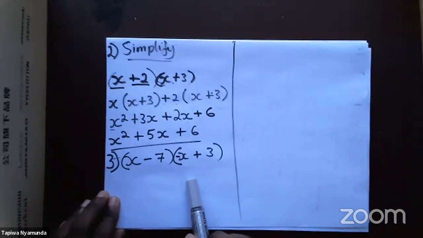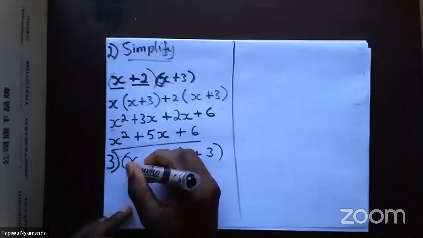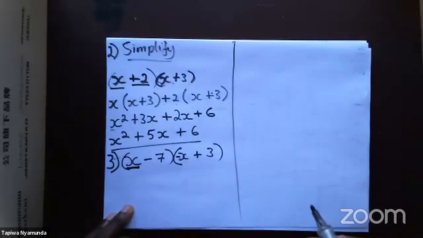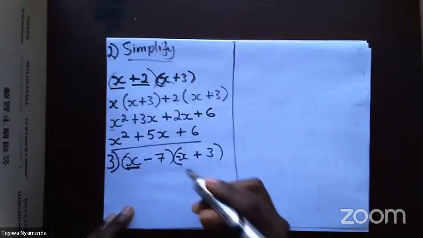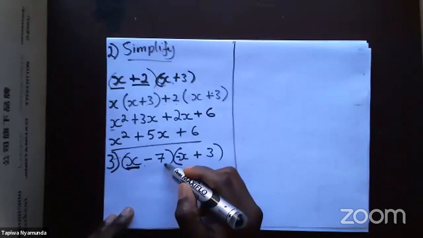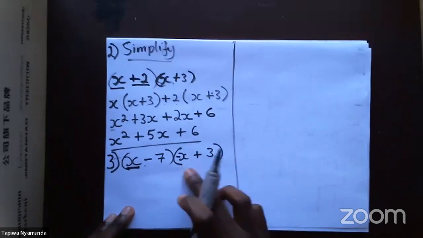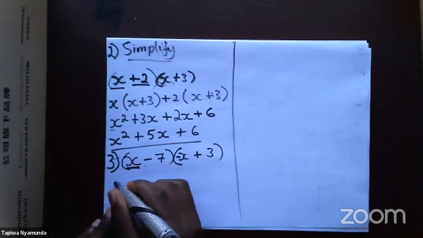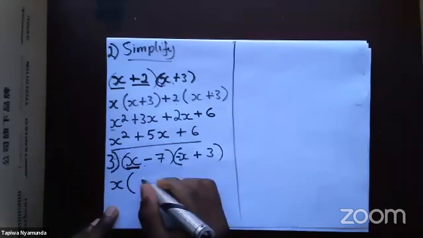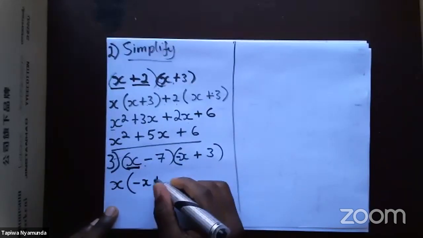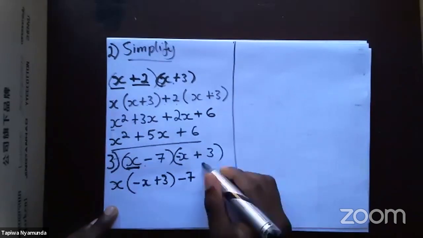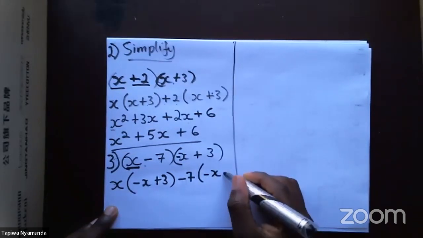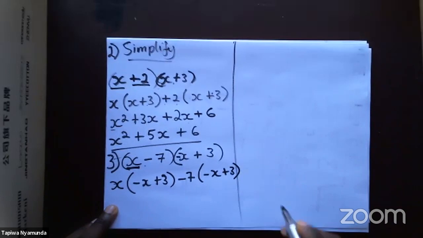We multiply x in the whole of this bracket. Then we multiply negative 7 in the whole of this bracket. So that is what we are doing. We are saying x is multiplying negative x plus 3, and minus 7 is multiplying negative x plus 3.